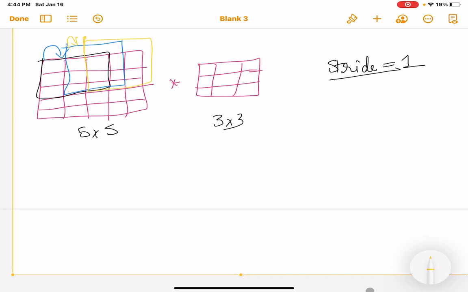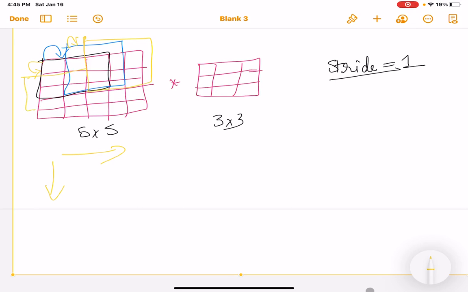This is the same that happens from left to right as well as from top to bottom. So if you have a stride of 1, once this portion is moved, the next local receptive field that will be chosen is 1 step ahead.